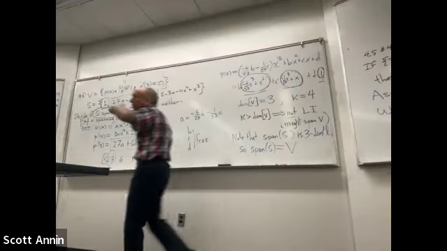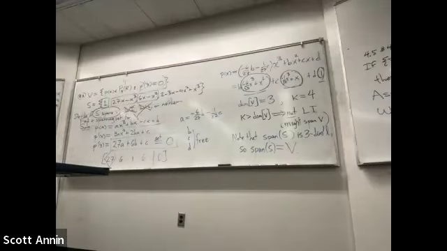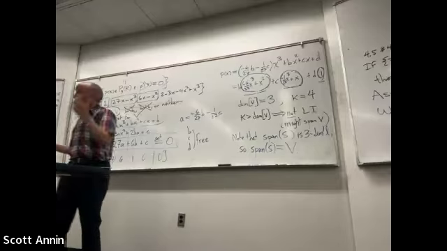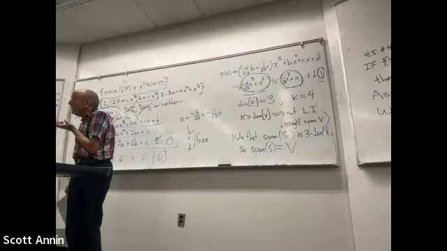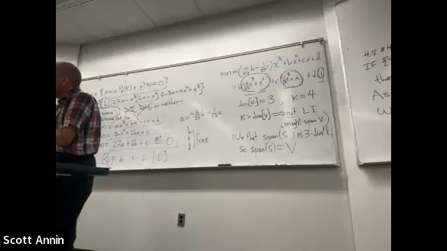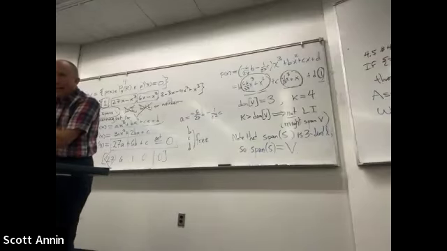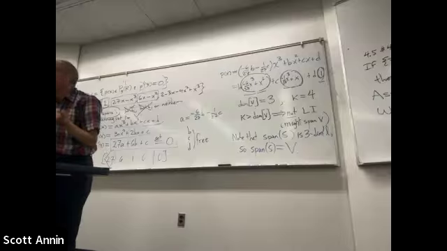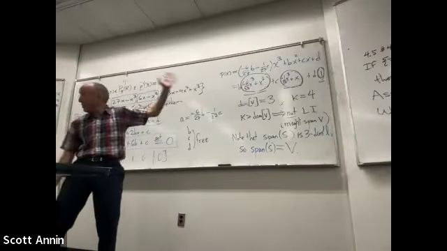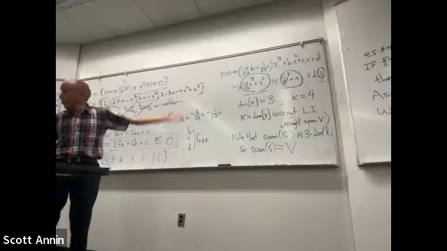So that is how you find a spanning set for a vector space. And that's why I said the follow-up question would be, are they also LI? Because remember, to be a basis, they have to be a spanning set and LI. So they're already a spanning set based on the work in blue here.